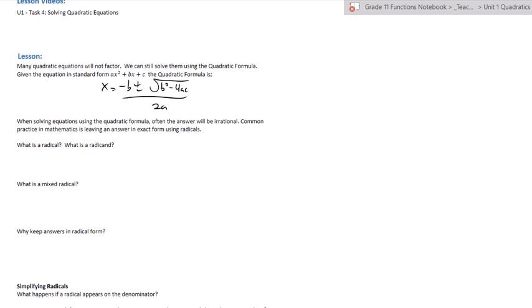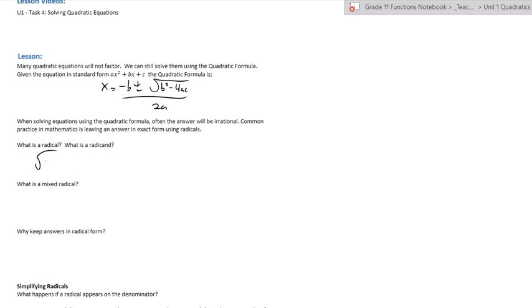Now, when solving equations using the quadratic formula, very often the answers will be irrational. It won't be a nice clean decimal or whole number. So common practice in mathematics is leaving an answer in exact form using radicals. So what is a radical? Well, a radical is a square root.